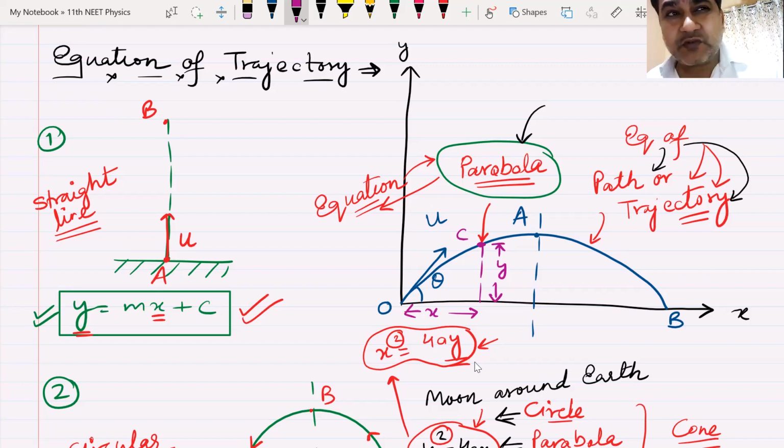If I find the equation of this parabola, what will I be able to find out eventually? What is my task? My task would be to find out the relation between what?